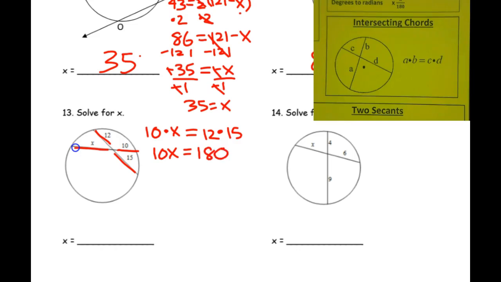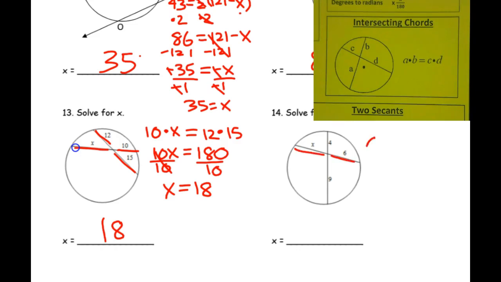And then to get rid of that 10 coefficient, we divide and we get 18. 18 degrees. Sorry, 18 units, I should say. Alright, and over here, same idea.